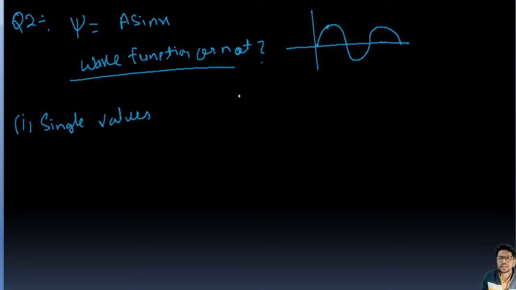For any value of x, sin x gives a single value between -1 and +1. So the first condition is satisfied.